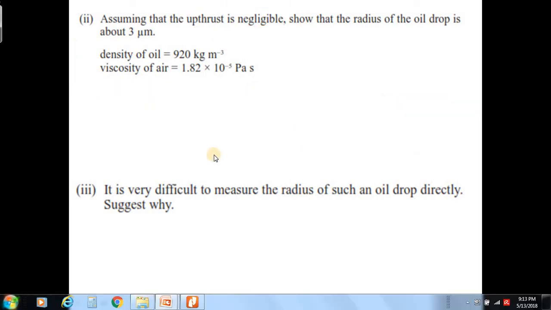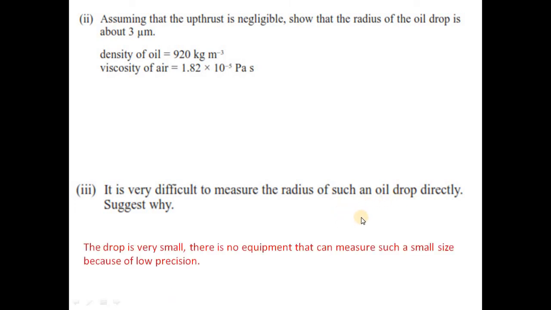It is very difficult to measure the radius of such an oil drop directly. Suggest why. Because the size or volume of the oil drop is very small, we don't have equipment that can measure such a small oil drop because of the low precision of the devices.